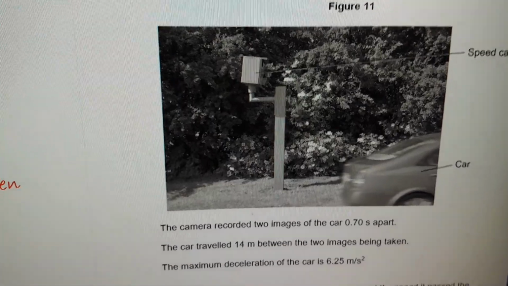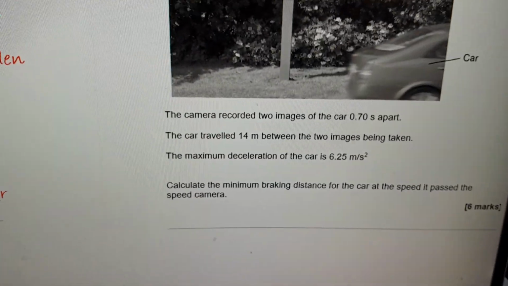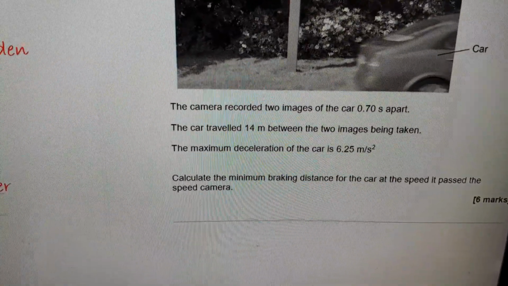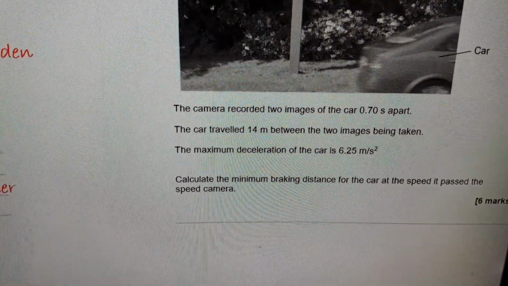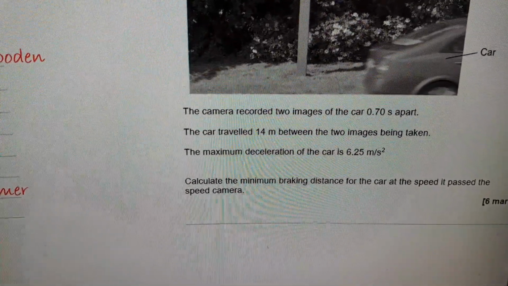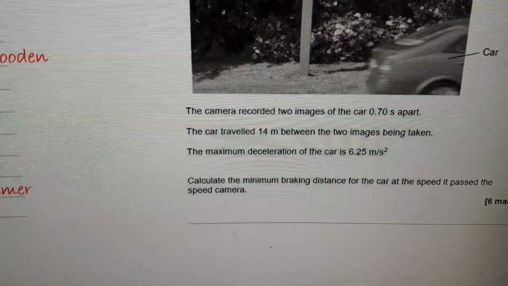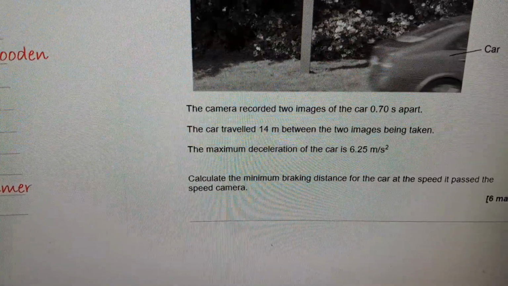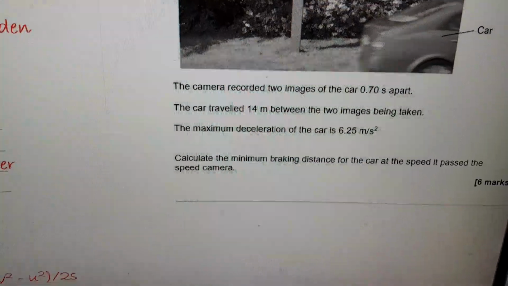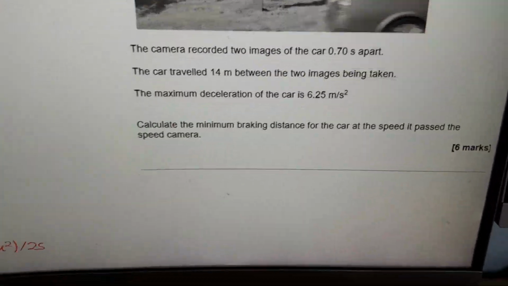Oh, but wait. The camera recorded 2 images of the car 0.7 seconds apart. The car travelled 14 metres between the 2 images being taken. The maximum deceleration of the car is 6.25 metres per second squared.